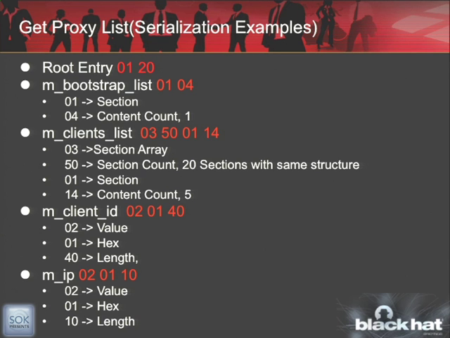And next is amp client ID, the 02, 01, 40. 02 means it's a value entry, so there is actually data stored under this entry. And 01 means it is stored as hex values. And 40 obviously is the length of this hex value. It's 60 bytes for the words, and so on. 02, 01, 10 means 02 is a value entry, 01 is hex values, and 10 is the length.